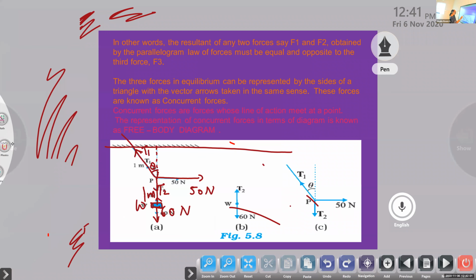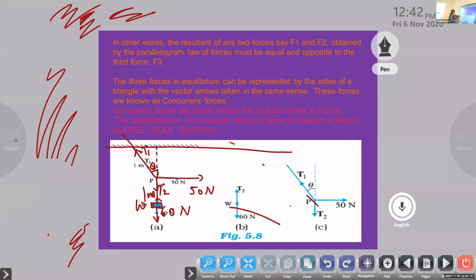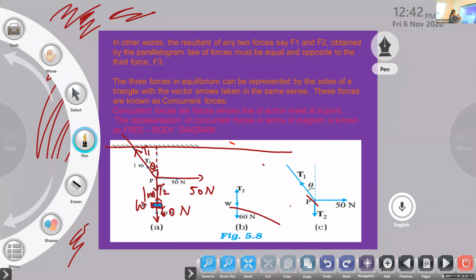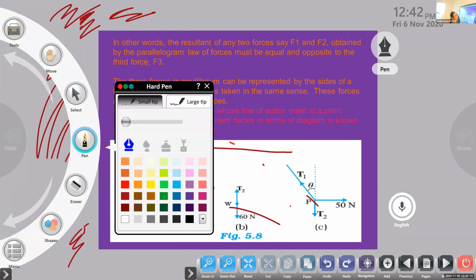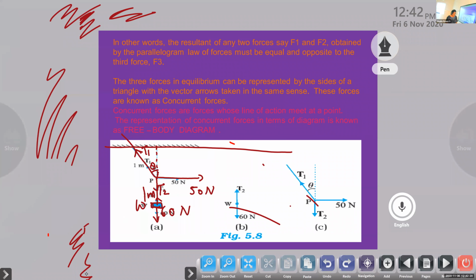I want to make that arrow a different color so that it will be easy for you to identify. I don't know what happened to the board. No idea.